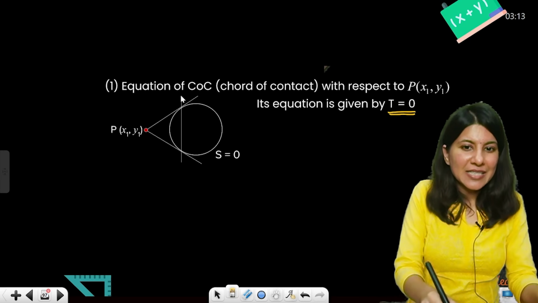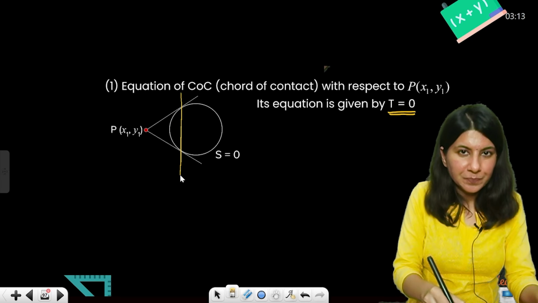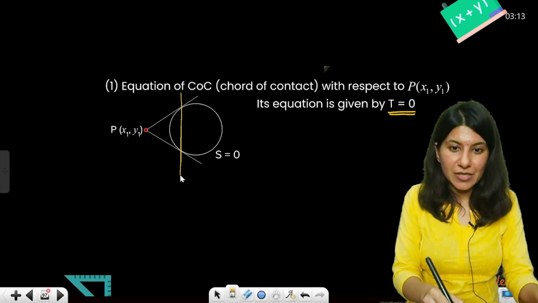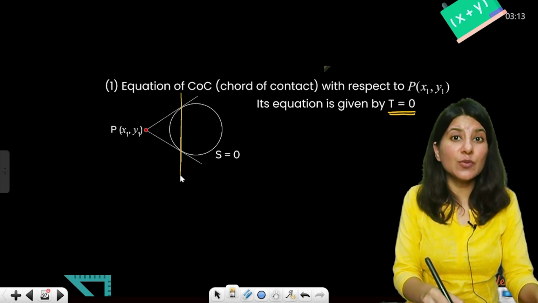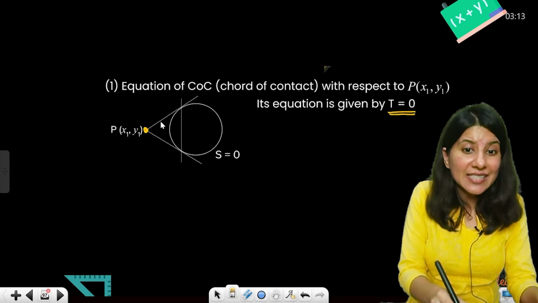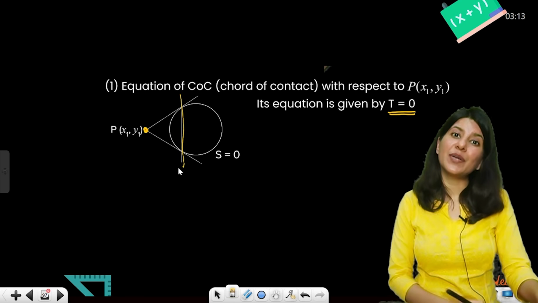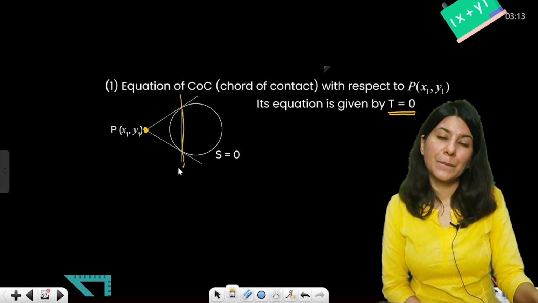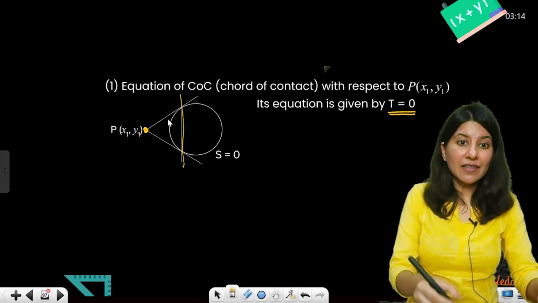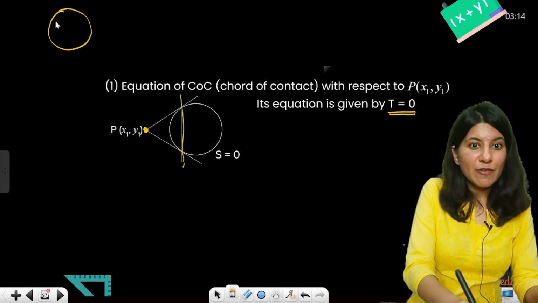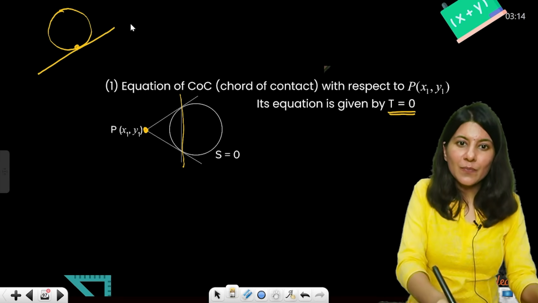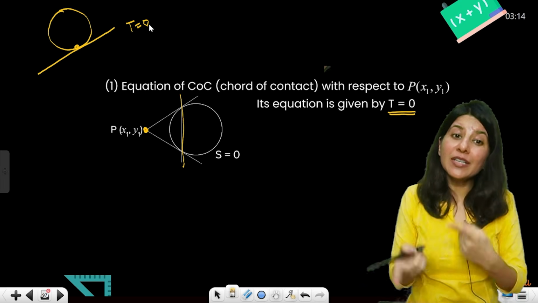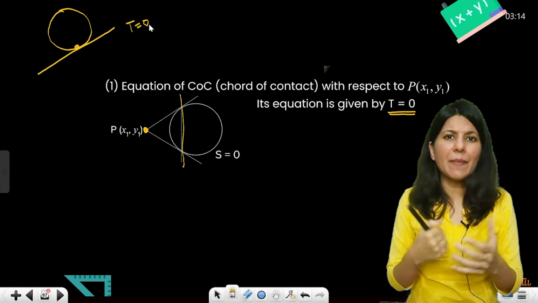The equation of this chord you can just write by T is equal to 0, where point P this time is an external point. If a point is given on the circle, then only a single tangent can be drawn, and T is equal to 0 will give you the tangent to this circle.